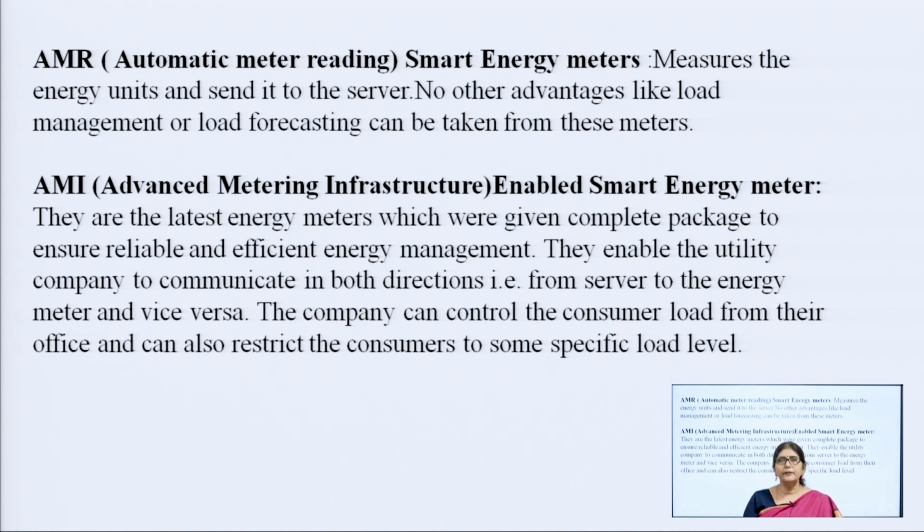The company can control the consumer load from their office. If the load is more, it can reduce the load or disconnect it for a certain period of time. If the sanctioned load is 4 kilowatt and the consumer is using 8 to 10 kilowatt, then it can stop the electricity supply by sitting at their office. So, it can restrict customers to some specific load level.